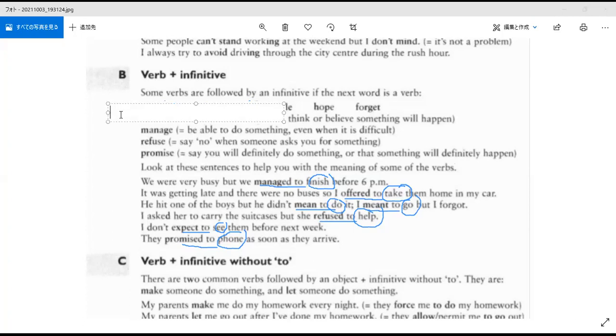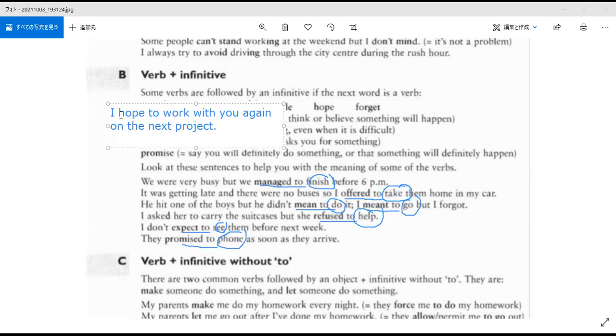Hope. Okay, I hope to work with you again on the next project. Okay, it's immediately used to. I mean, I hope work with you again on the next project.